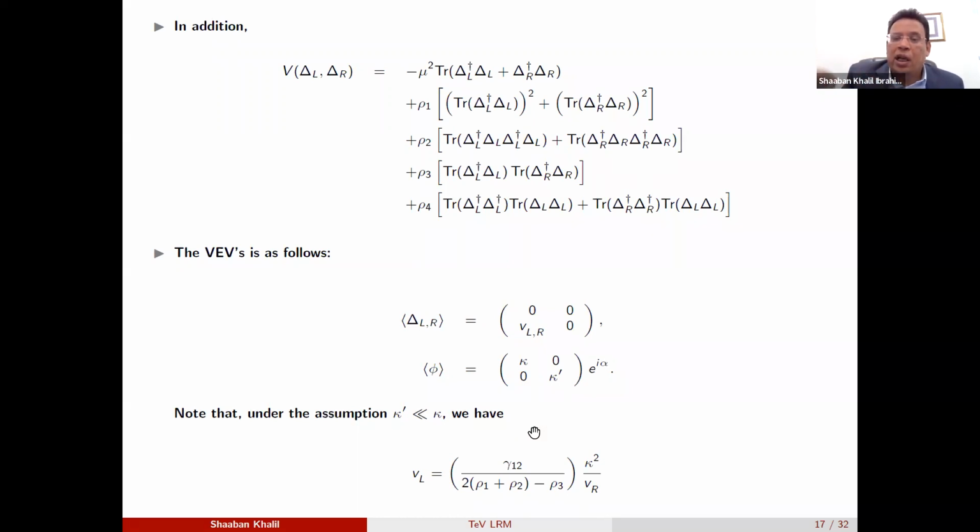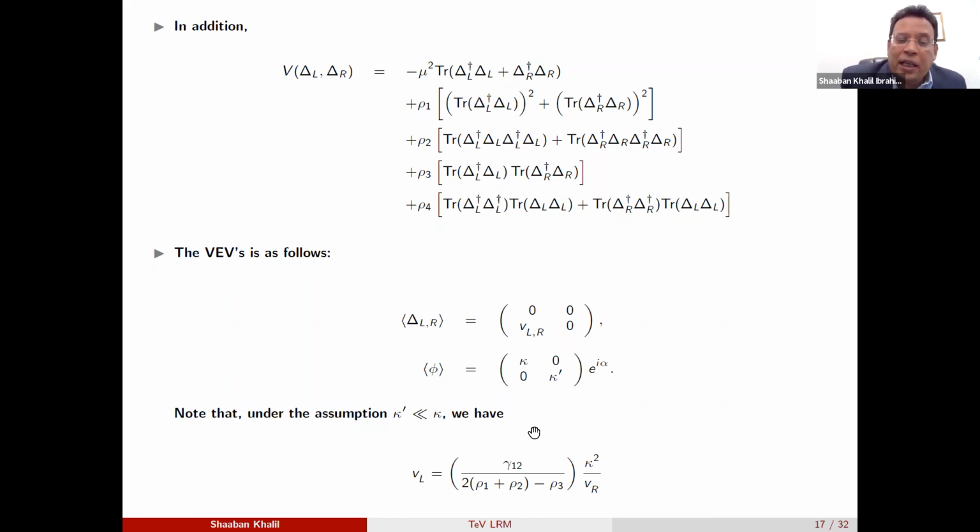It looks like a 2 by 2 matrix because it is adjoint under SU2 right or SU2 left, so it is a linear combination proportional to the generators, the Pauli matrices, so it is a 2 by 2 matrix. The neutral components get the VEV, because you cannot give a VEV to charged components, so you generate a VEV for the neutral component of delta, which is V left and V right. V left for delta left, V right for delta right.